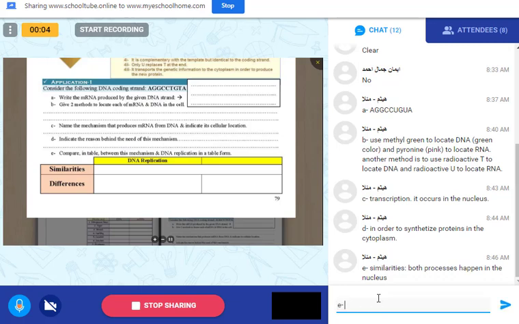In the differences with DNA replication, I have two differences here.